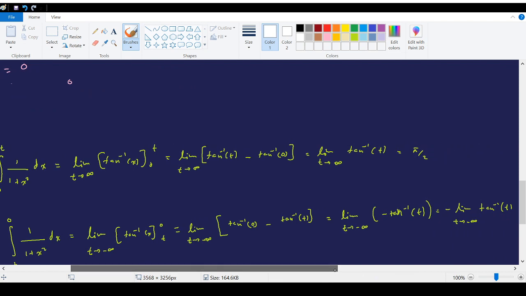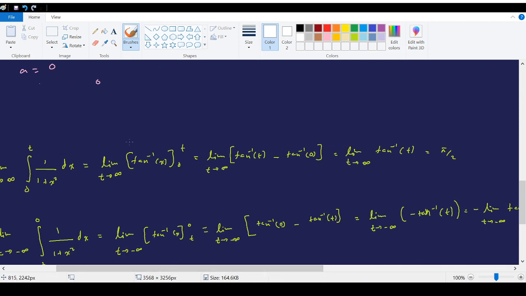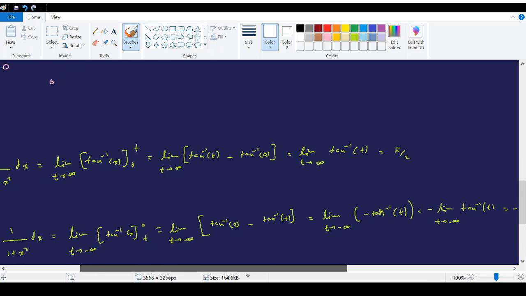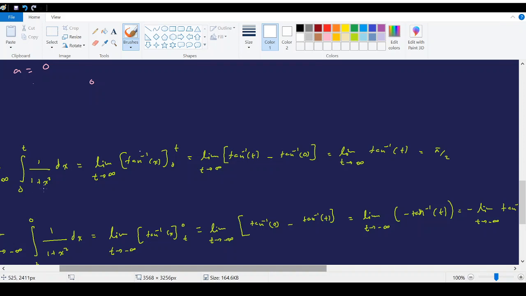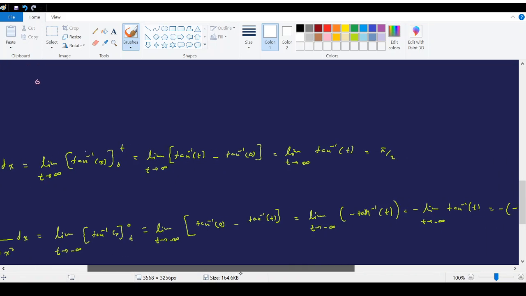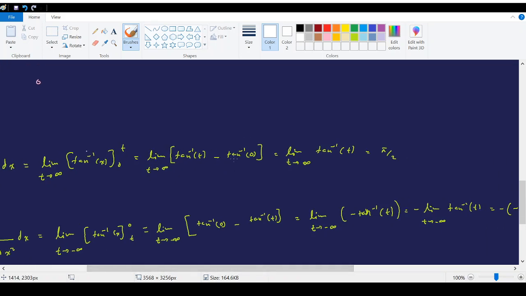And then from here, now remember, the integral of this one is equal to tan inverse x, which is a standard result, because if you differentiate tan inverse x, you will get this 1 divided by 1 plus x squared term. Okay, so now accordingly we will get tan inverse t minus tan inverse 0.